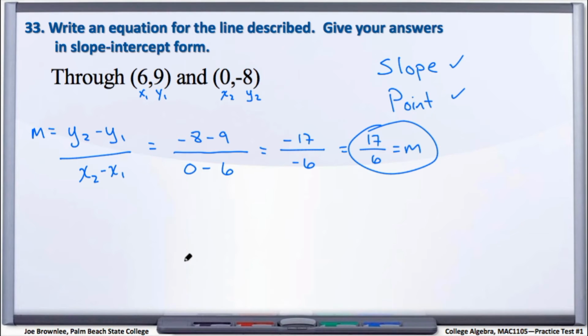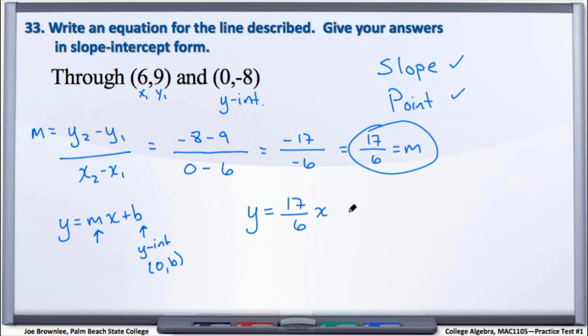Like we discussed in video number 33, because one of the 2 points they've given us is in fact the y-intercept, we can go right from the information that we have, the slope and this point, to slope-intercept form, y equals mx plus b, because m, our slope, we've just found, and b, the y-intercept, where it's some point (0, b), well, we have both of those pieces of information, so we can plug that into y equals (17/6)x plus b.